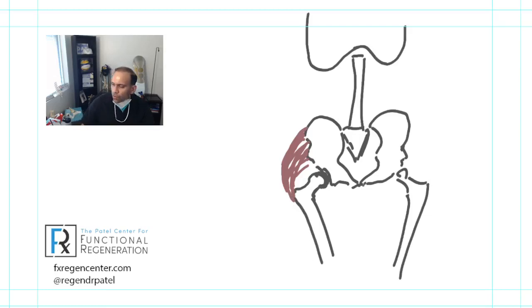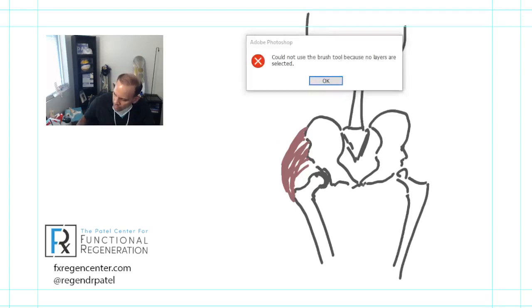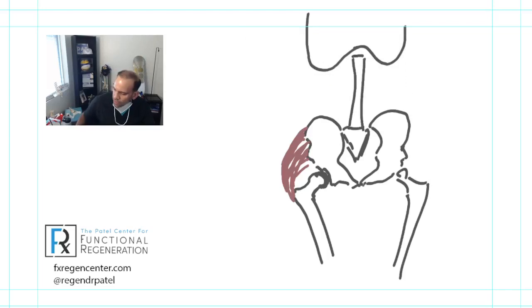So when we think about different areas of pain, we have the groin, as I mentioned, which is a very typical area of hip joint pain.